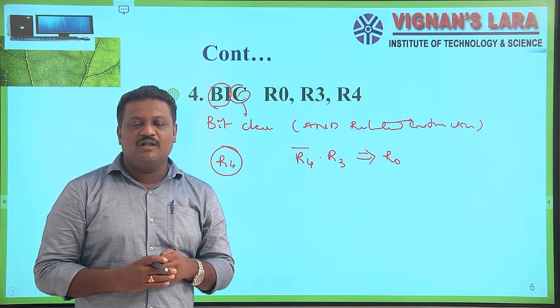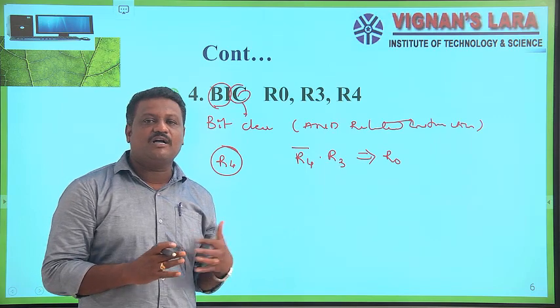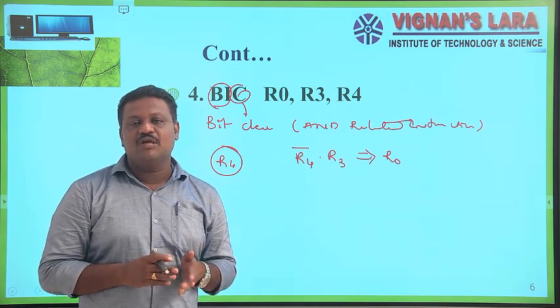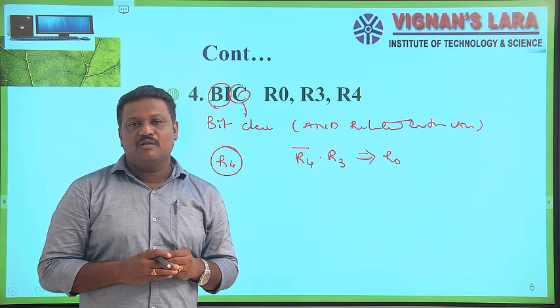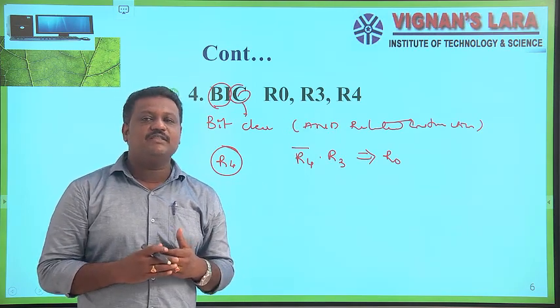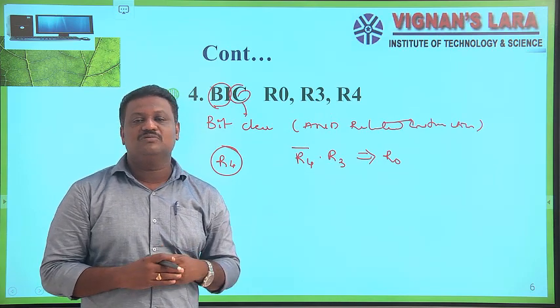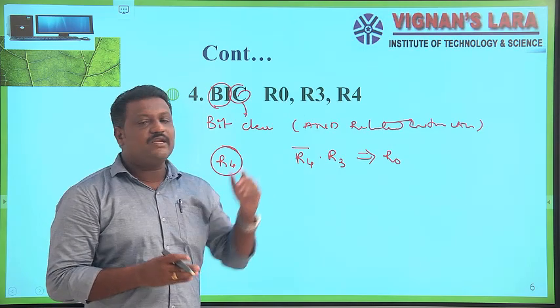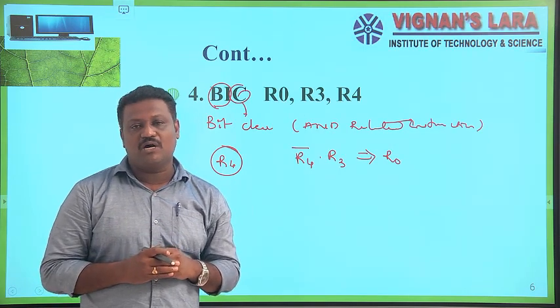But in the case of a logical AND, we don't do this type of complement before the logical AND. In the case of the BIC instruction, first we take the complement of the second operand, that is R4. After complementing the content of R4, we do a logical AND with the R3 value. The final result is transferred to R4.